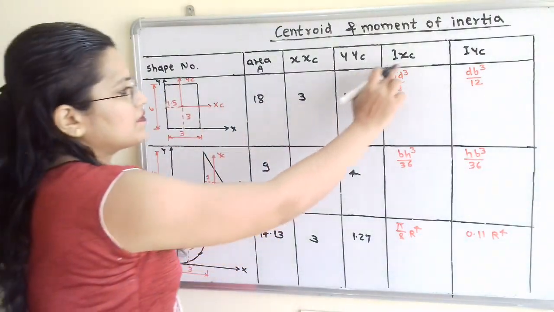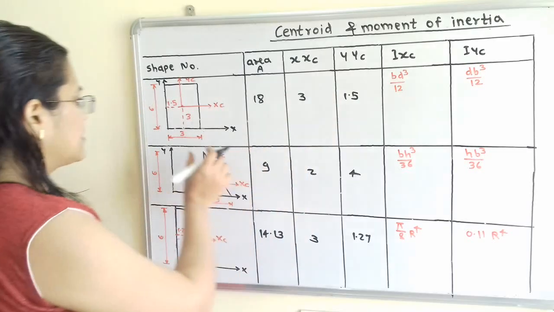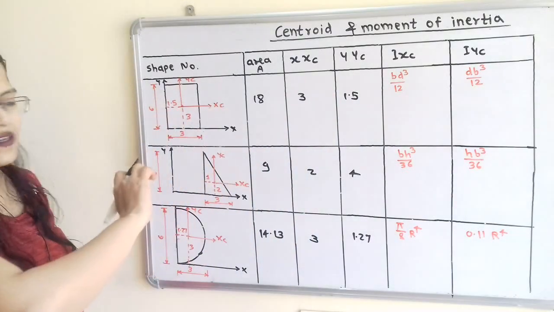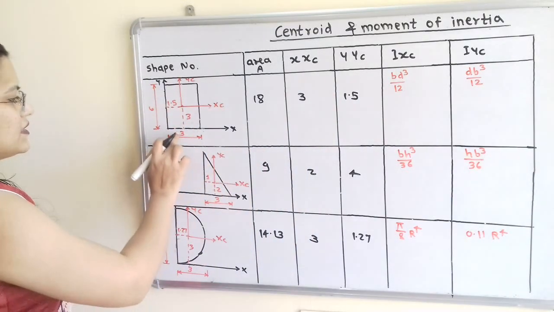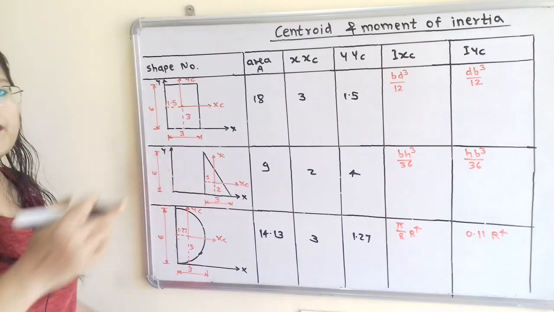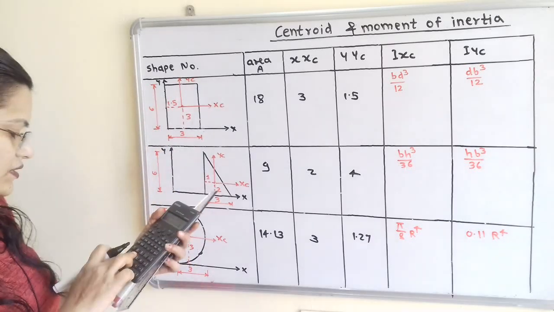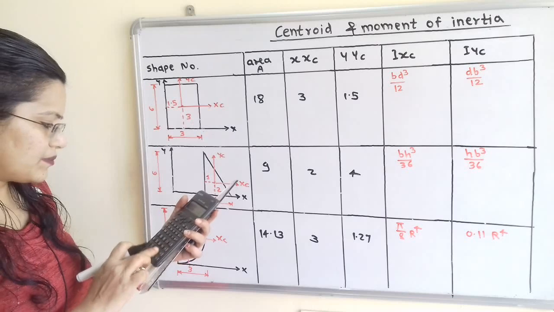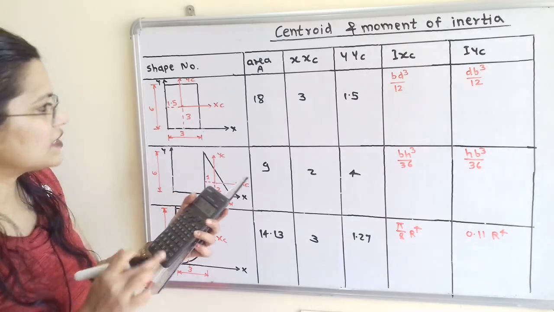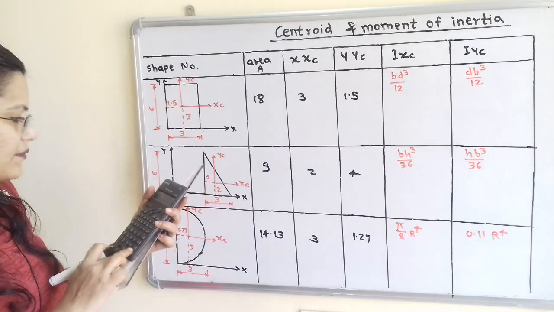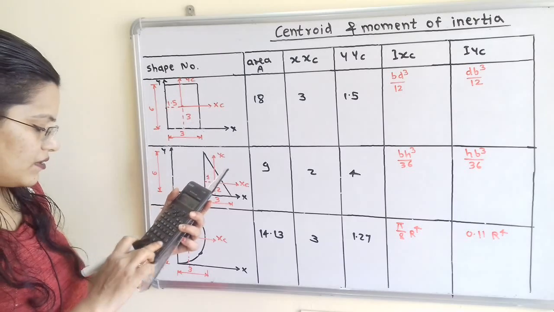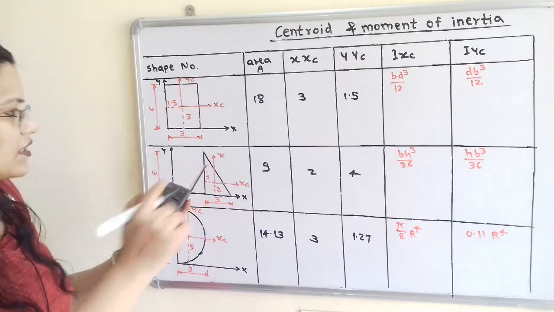Here first we will take Ixc, that is bd cubed by 12. Here b is 3 and d is 6. So 6 multiplied by 6 multiplied by 6 is 216, multiplied by 3 divided by 12, that is 54.